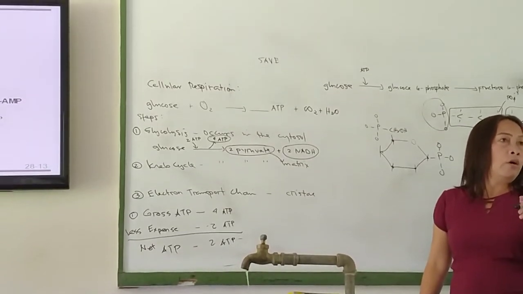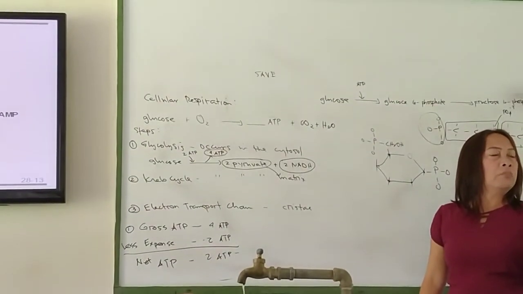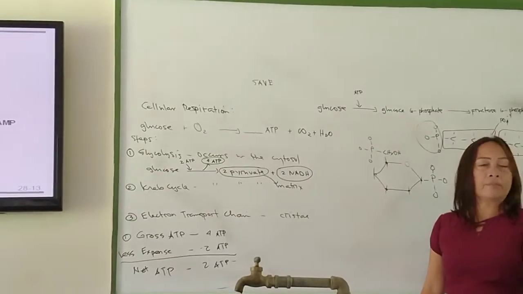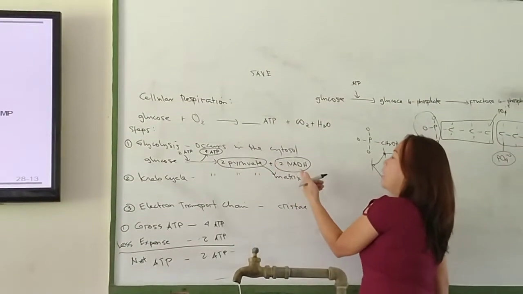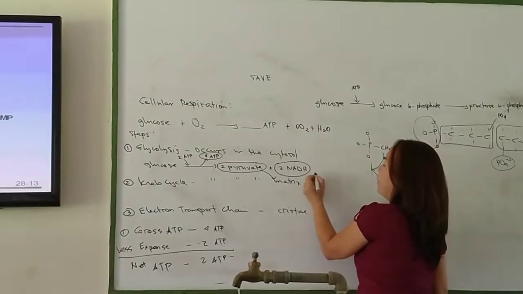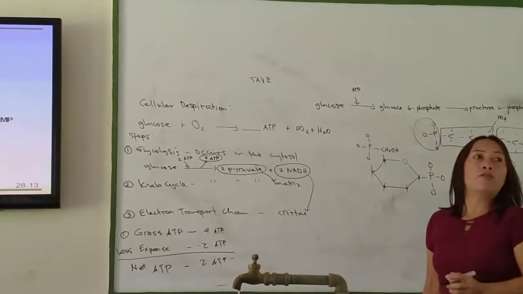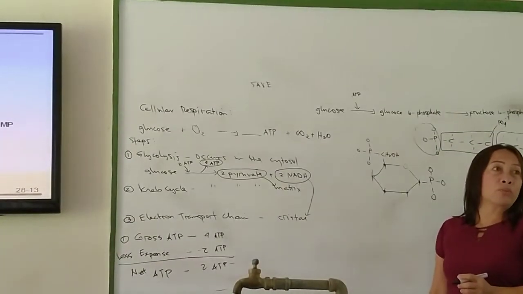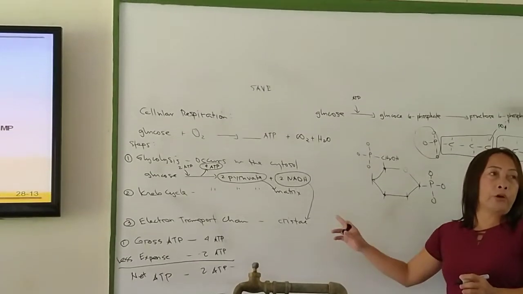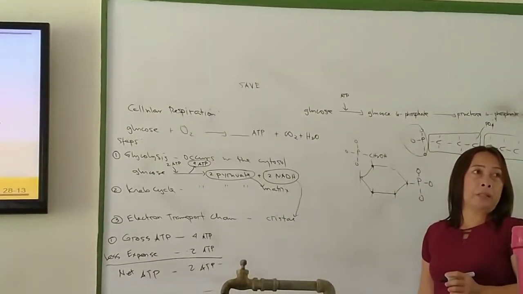We say oxidative phosphorylation, meaning with the presence of oxygen. And of course, these 2 NADH will be brought to the free state for the electron transport chain, because this could further generate more ATP.